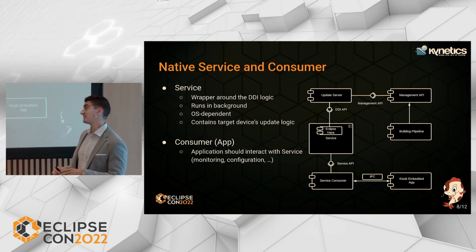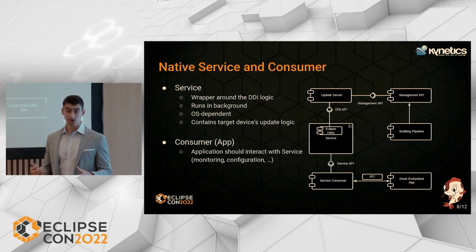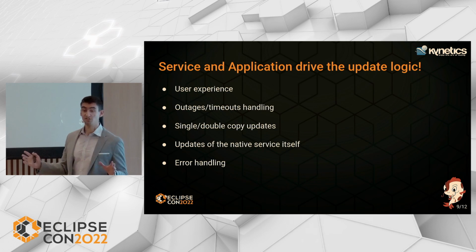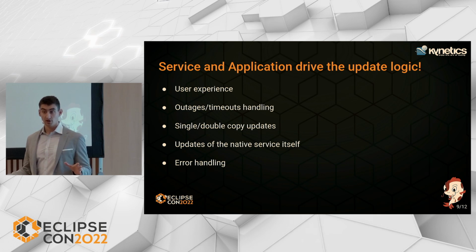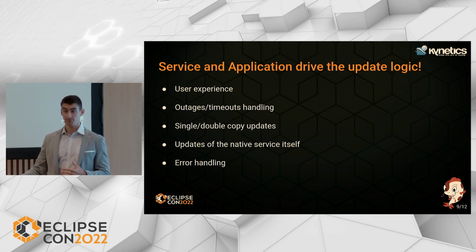Normally, in embedded systems, we only have one application running. This is called kiosk mode. And basically, we have only one application running in the system and fulfilling all the use cases of the system itself. But the service and this application completely drive the update logic. On the one hand, the service needs to take care of the actual update.